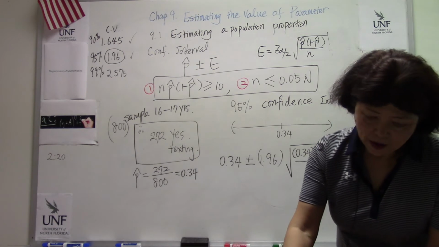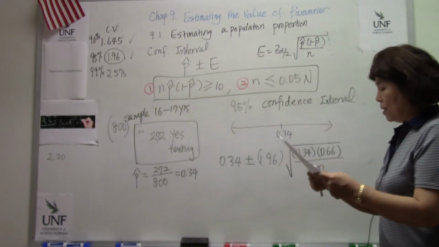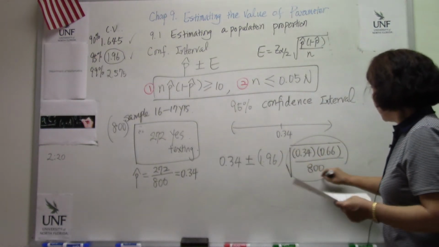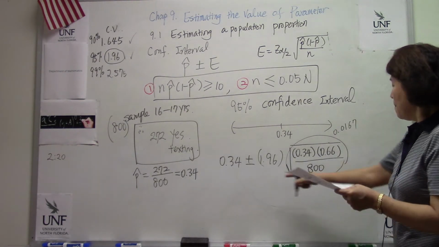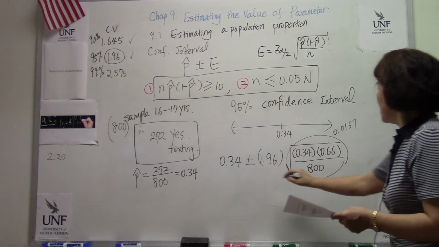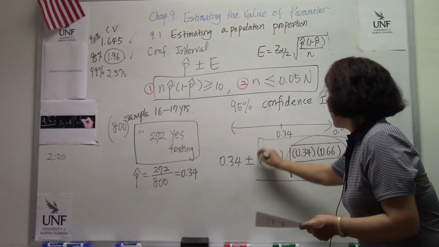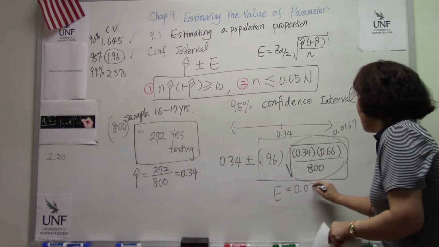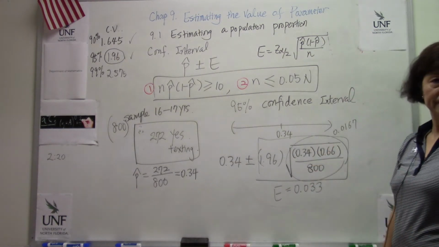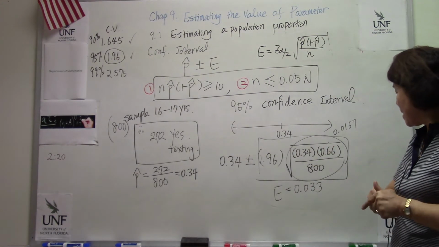Once you compute this, this portion alone is 0.0167, but what we want here is this portion, this margin of error, which turns out to be 0.033. So what does that mean?